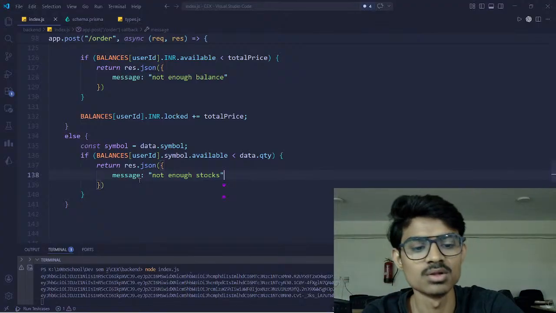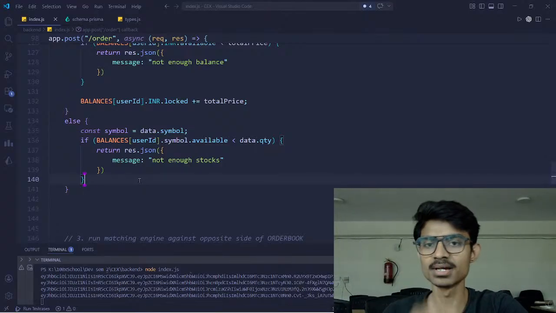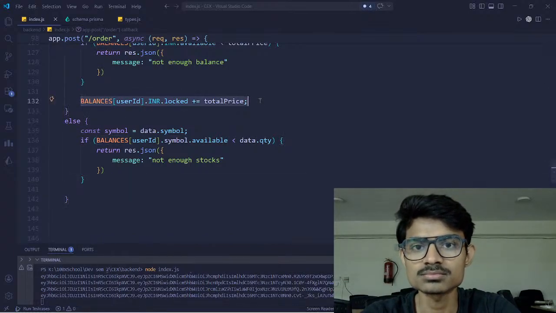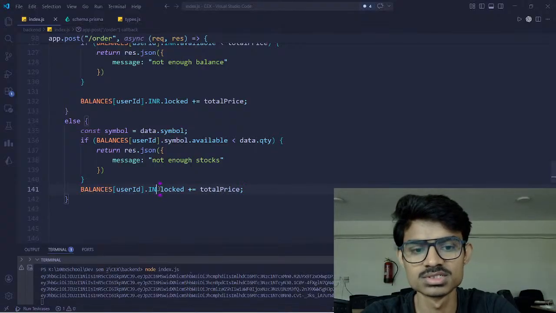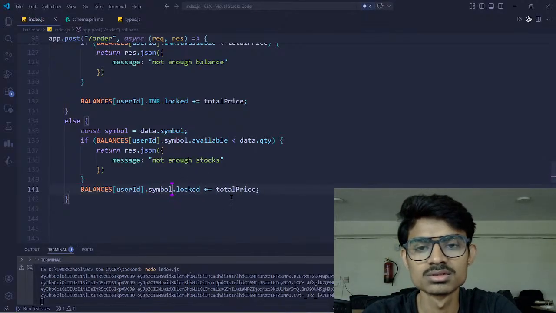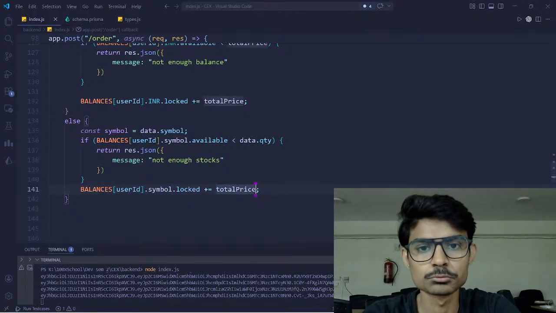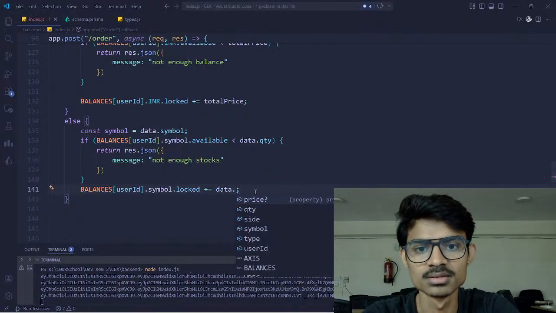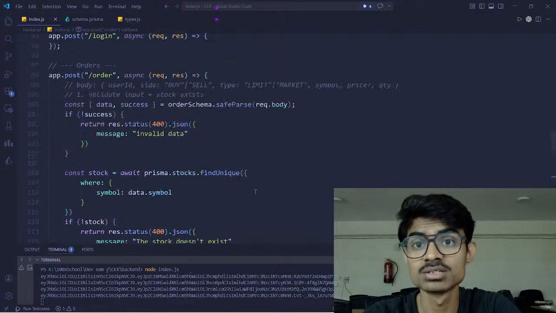Right, so we have to lock it, right? Dot symbol dot locked. How much stocks do I have to lock? Data.quantity. Alright, I hope I'm going in the right direction.